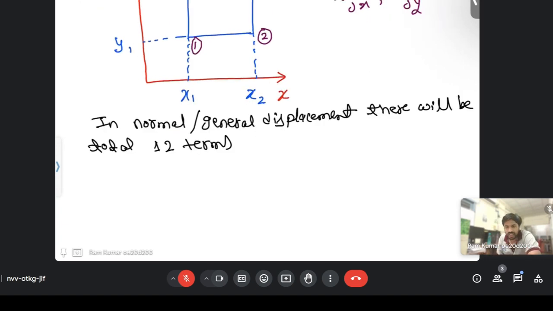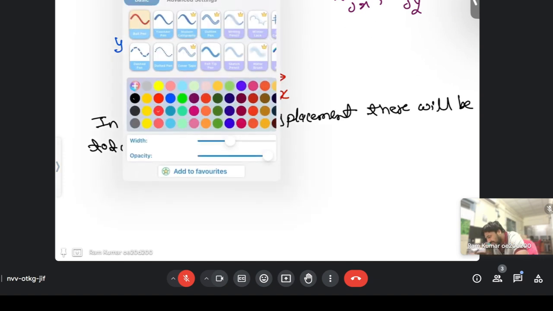Did you hear about that Pascal triangle? So according to that triangle, how can we write it?